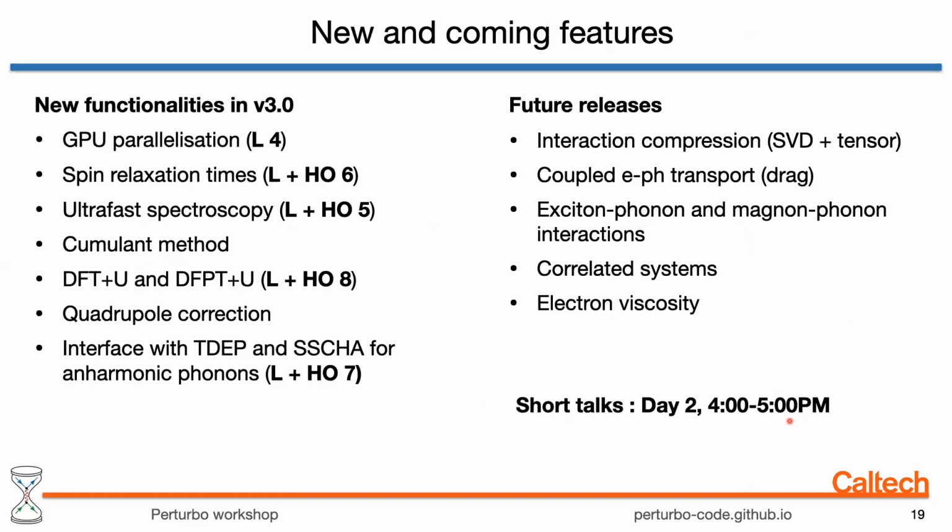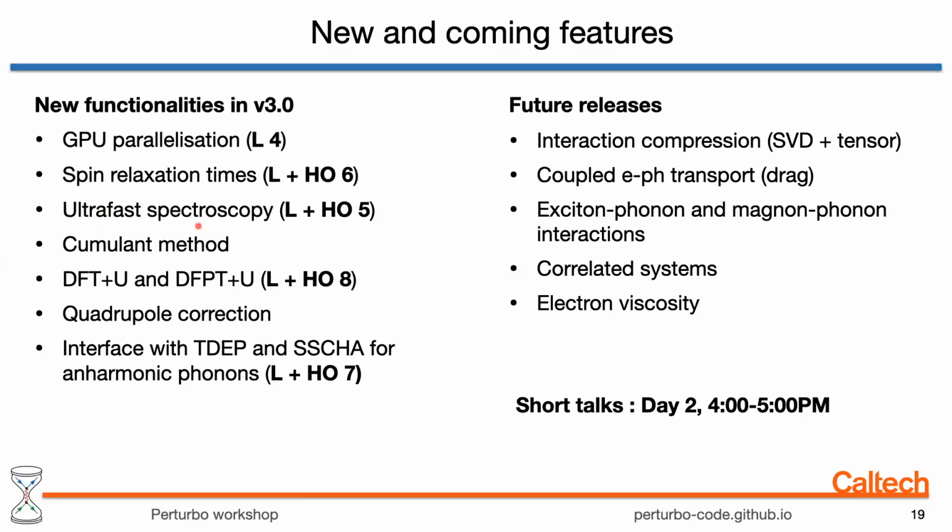So with that, I would like to conclude, but I would like to briefly mention some of the new functionalities in Perturbo, because of course, what I've talked about so far is the baseline of Perturbo, but we're constantly updating it, as will be talked about in this workshop. Some of the new functionalities that have been released in version 3.0 are: you can now calculate spin relaxation time.